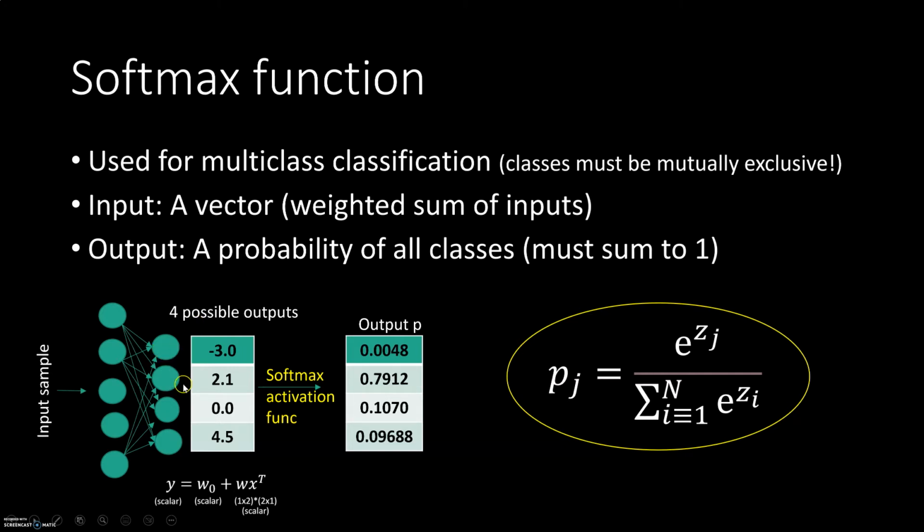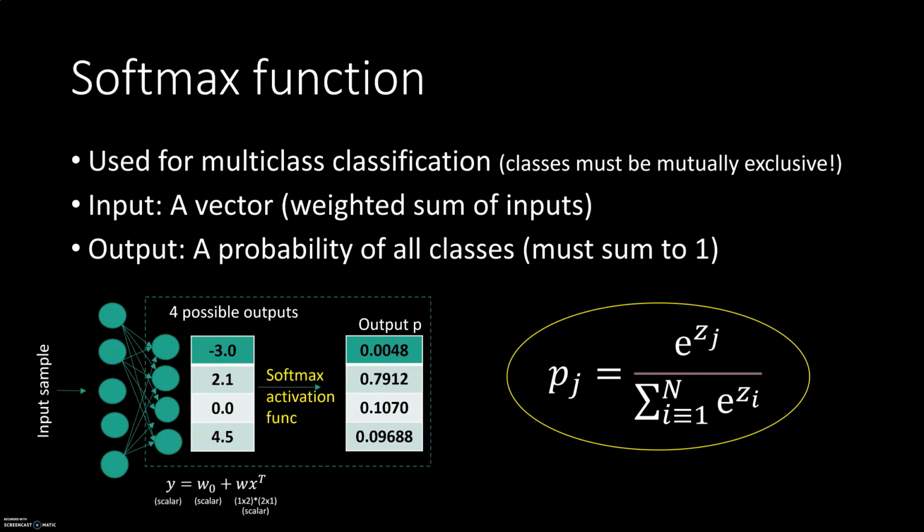Each of those neurons is going to do this calculation, which is the weighted sum of the inputs of the previous neurons, and each of these gives us a number. Then we pass that vector into our softmax activation function, and it gives us the probabilities, just like we saw in the previous slide.